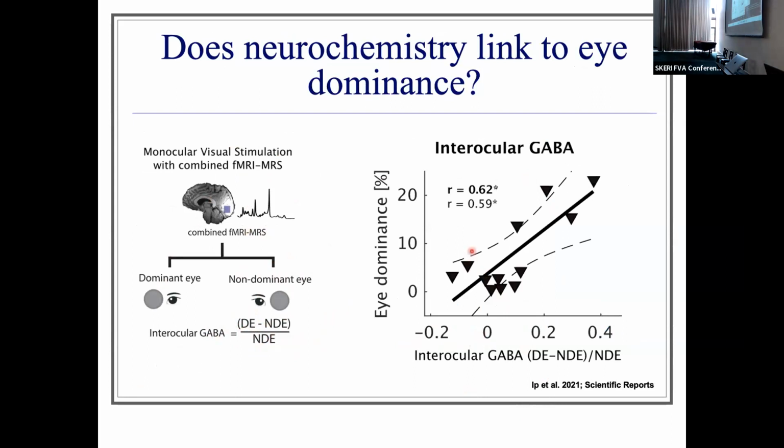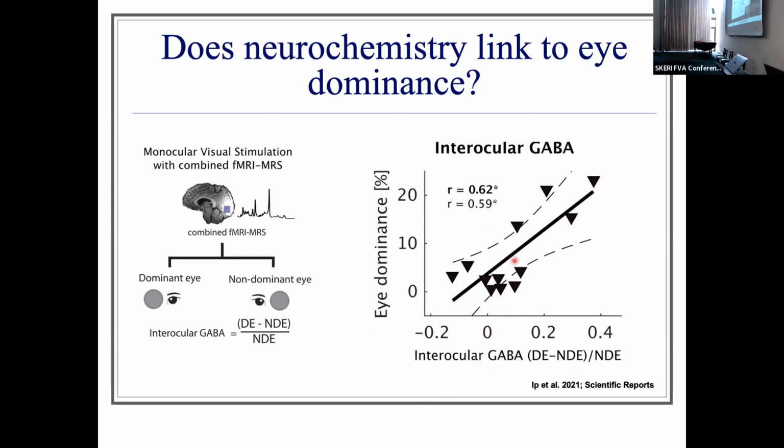So this is then the relationship between the eye dominance and the intraocular GABA. So obviously, if we've got complete balance, this is going to be 0. So anyone who's got complete balance of their GABA signal will be around here. So you can see that actually we have a big clustering of those participants who have very little in the way of a dominant eye, and they also have very similar levels of GABA when we stimulate the two eyes.